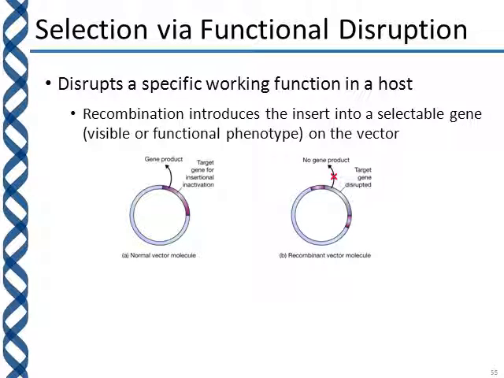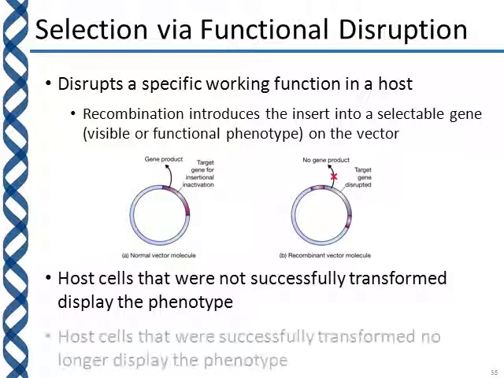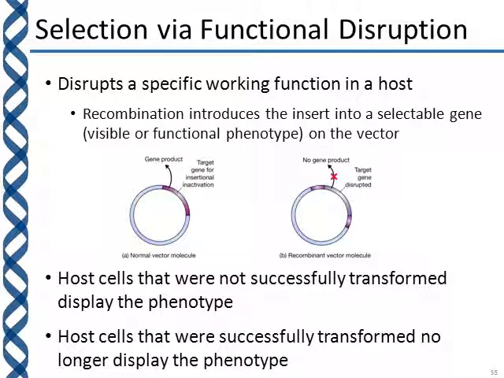And the recombinant vector molecule, where the target gene is disrupted, so there is no gene product. In this manner, the host cells that were not successfully transformed display the phenotype, and the host cells that were successfully transformed no longer display the phenotype.